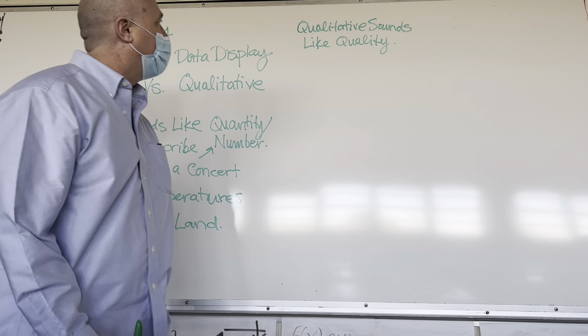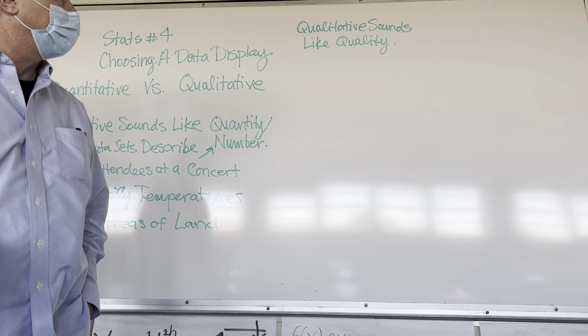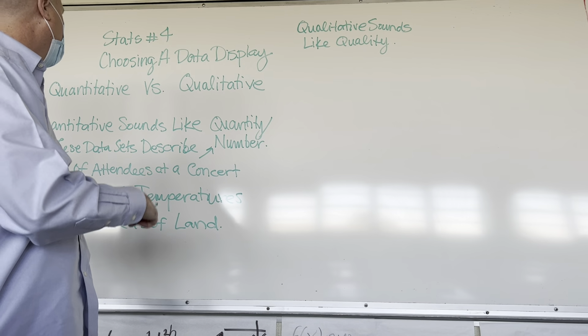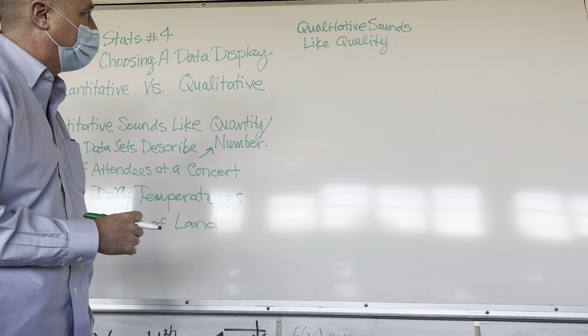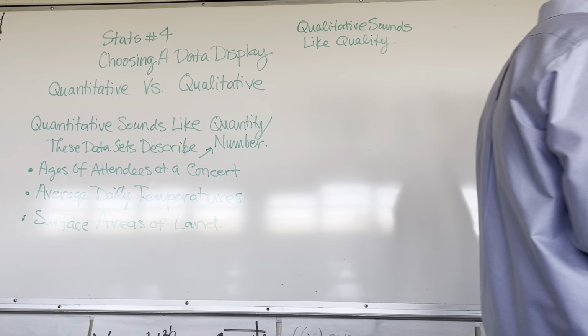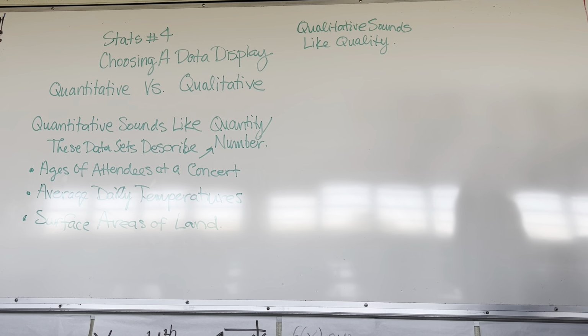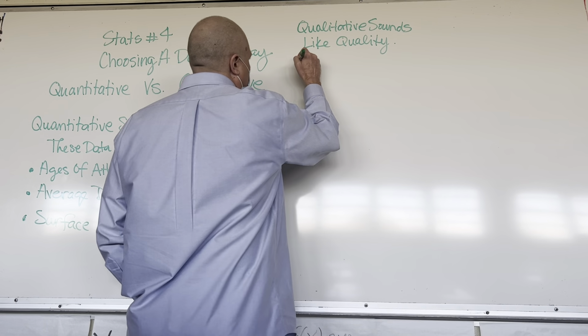All right, so qualitative, quality. Say it in your mind a couple times so you kind of hear the difference between quantitative, right? So what is quality? So these data sets describe quality.